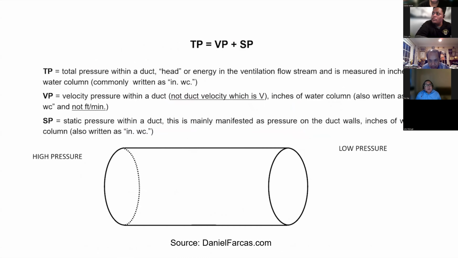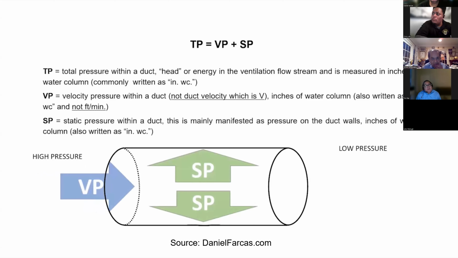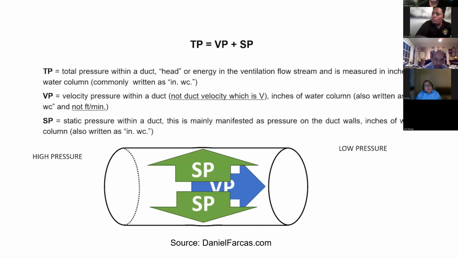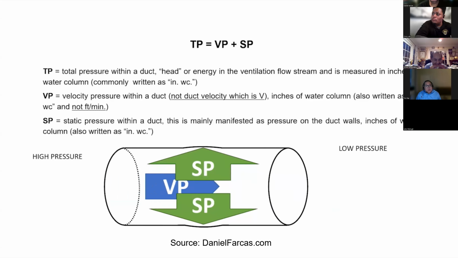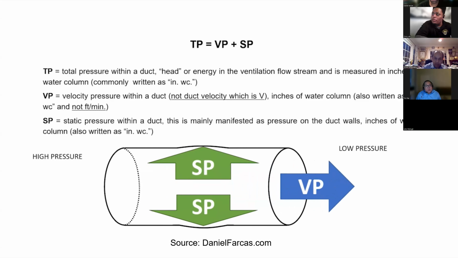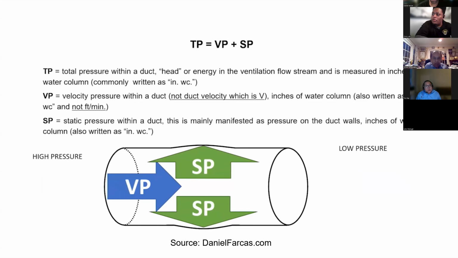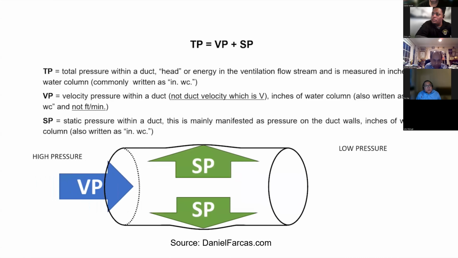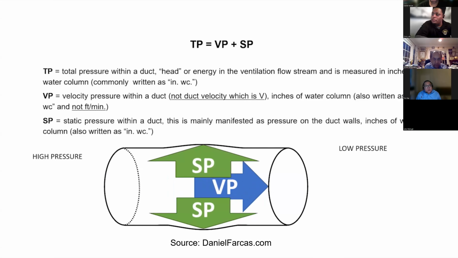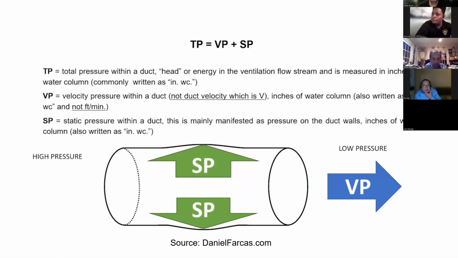There are three pressures working inside any duct: static, dynamic, which is velocity, and total. The static pressure is the pressure of air pushing against the walls of the duct sections. The velocity pressure is represented by the velocity and weight of air.